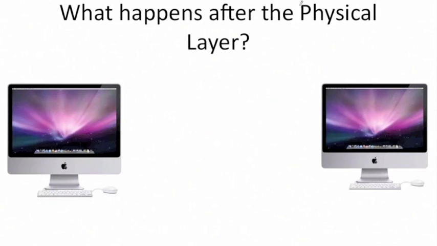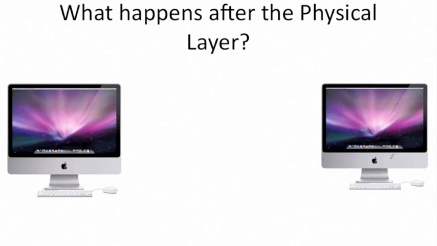So what happens after the physical layer? We learned about the physical layer already, and now we want to know what happens after this. So this is an iMac, one iMac, and this is another iMac.